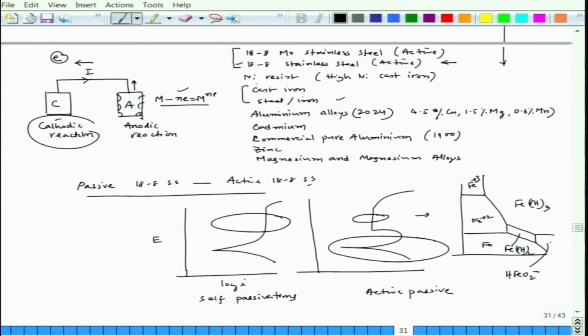So, this is again the corrosion zone, this is the immunity zone, this particular section is immunity. So, these two sections are corrosion zone, this is also corrosion zone. Now, if you consider this, this is the passive zone.